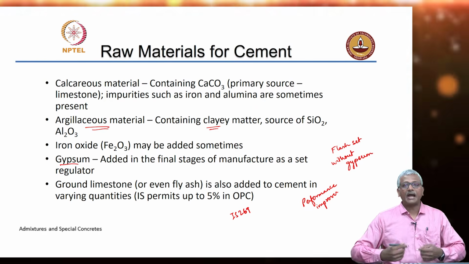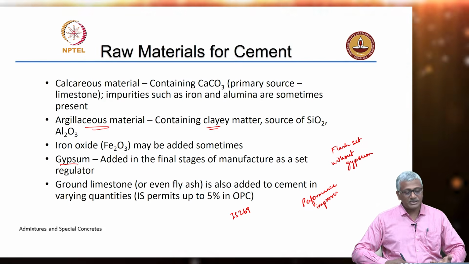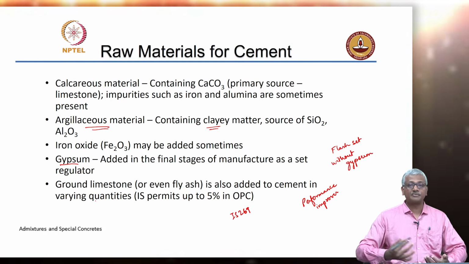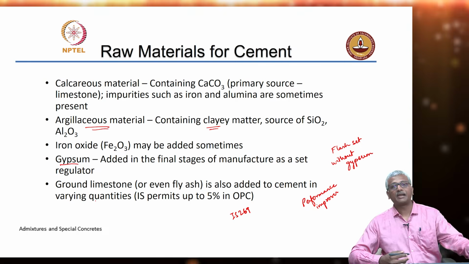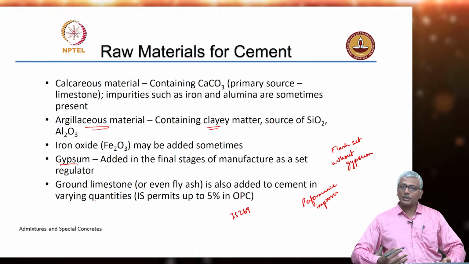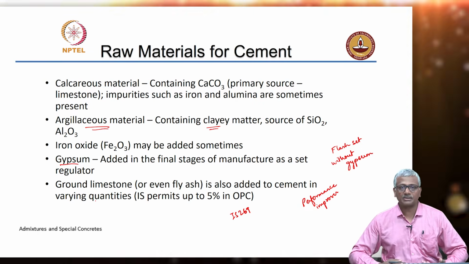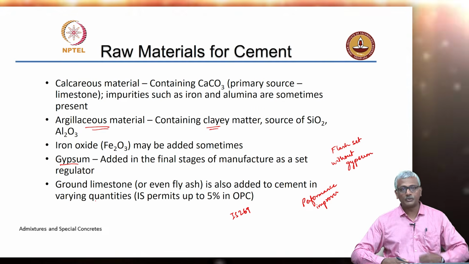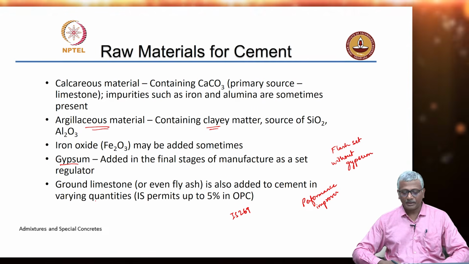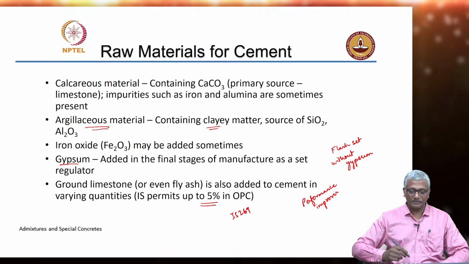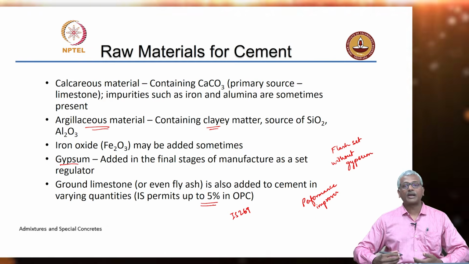In that stage, we add the performance improver. It's typically ground limestone itself as a performance improver because limestone is available at the cement plant directly, or you could even use fly ash of a controlled quality as a performance improver up to 5% in OPC. Now, why is this performance improver added?